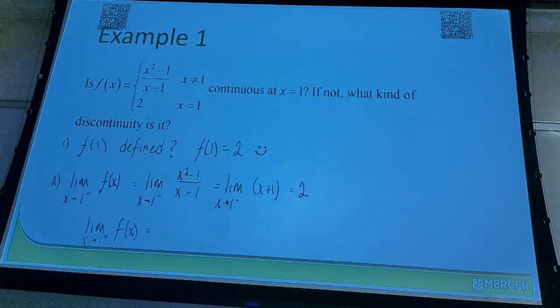Now you need the right-handed limit. Same argument.